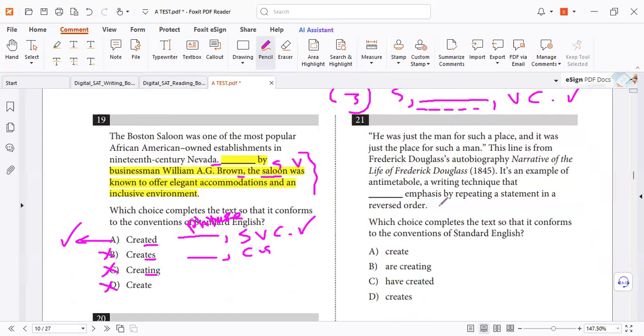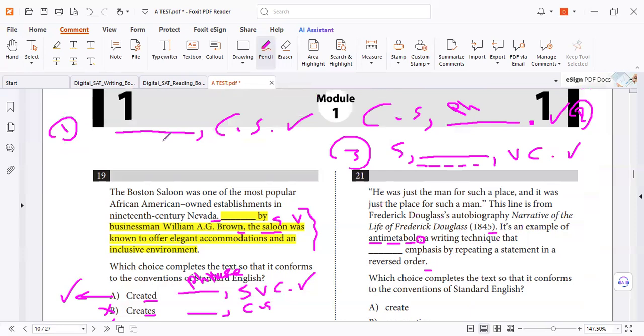Again, in this question, look the same. Do we need a phrase or a verb? Let's read. Of course, I will read very quickly, and when I come to the sentence, I stop. It's an example of anti-metable. What does that mean? Comma and an appositive phrase.